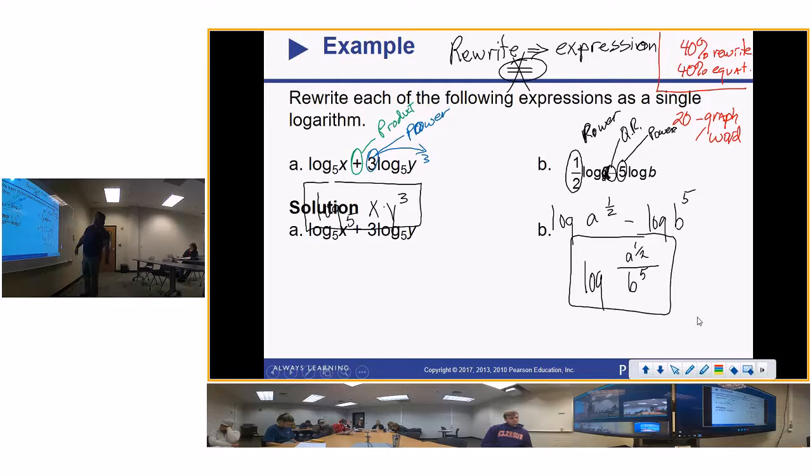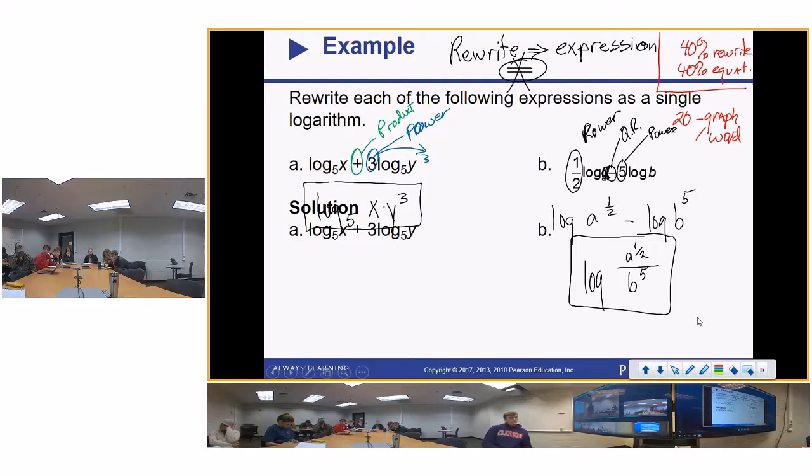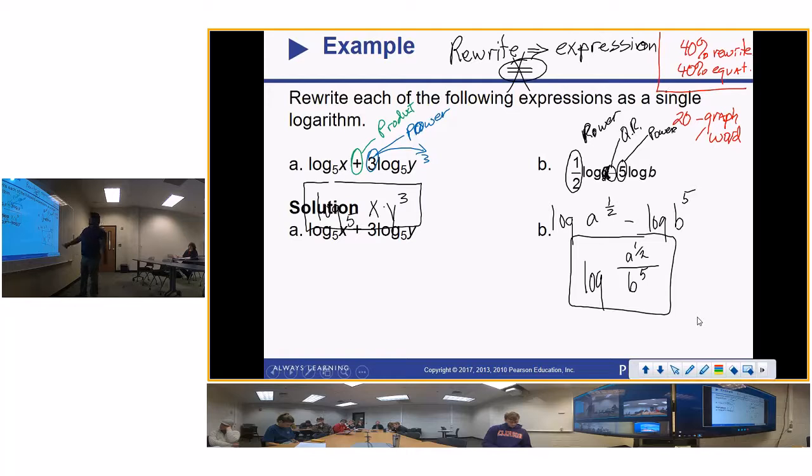Log of X. They didn't do anything. What? Why'd they put B over here? Whatever. I don't know. But anyway, there's the answer. Okay, there we go. All right, now over here.